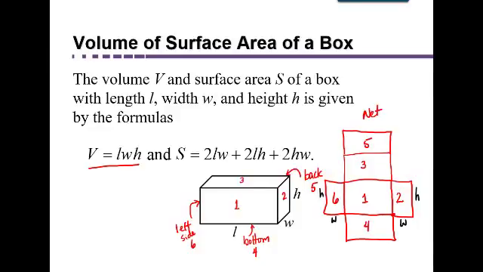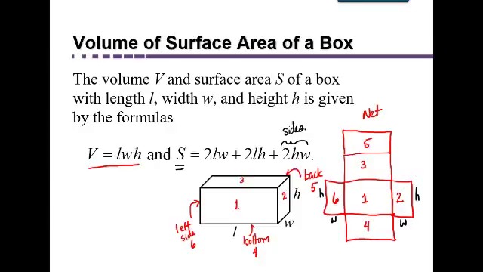So if we wanted to find the combined area of just piece number 2 and piece number 6, the sides of the box, we'd have side 2 is H times W, and side 6 is H times W. So add those together, we have 2HW. So in this formula for surface area that you see right here, this is the sides of the box there.